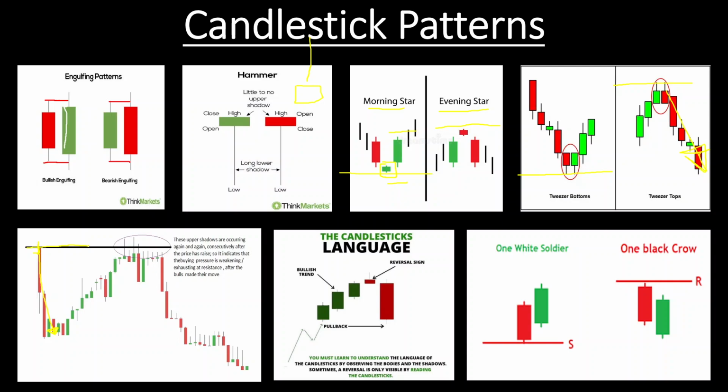As price approaches this level again, we can see multiple long wicks showing that there's a significant level of selling pressure at this point right here. Each time buyers push the price up, sellers continuously bring the price down.